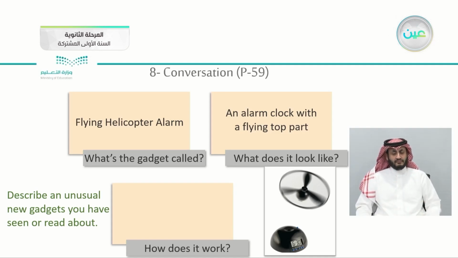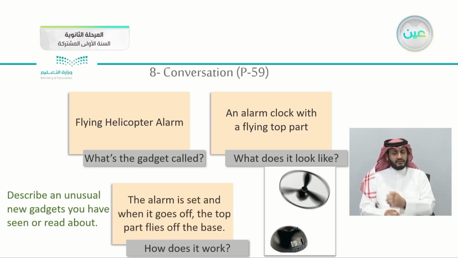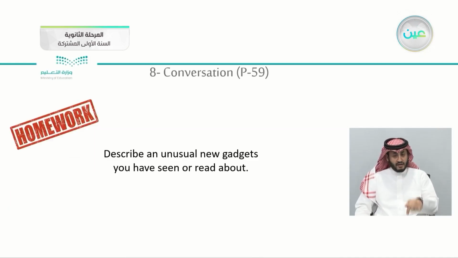The action is the alarm is set, and when it goes off, the top part flies off the base. So I will set the time. The top part is going to fly, and you have to put it back so you will stop it from ringing.